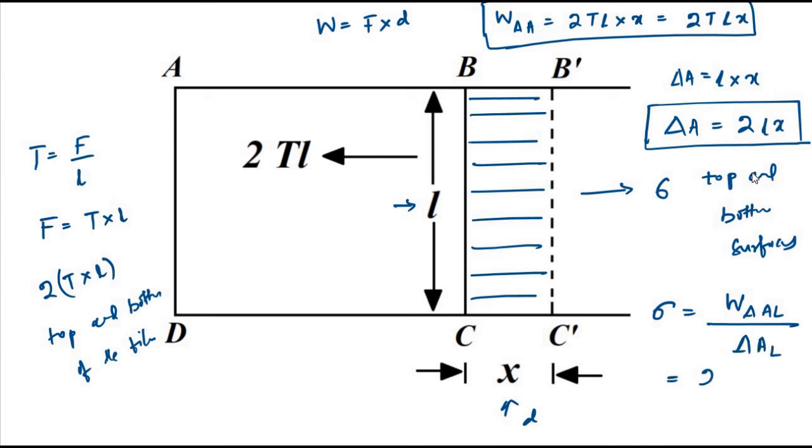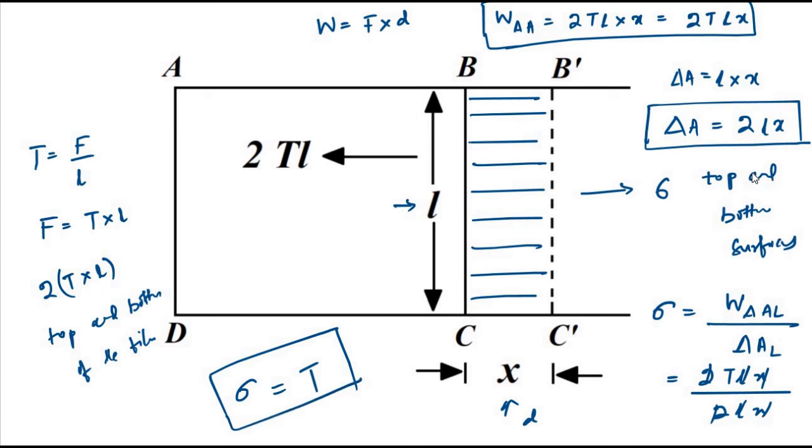So it is 2TLx divided by 2Lx. 2 cancelled, x cancelled, L cancelled. So here an interesting thing: surface energy is equal to surface tension. Very interesting.